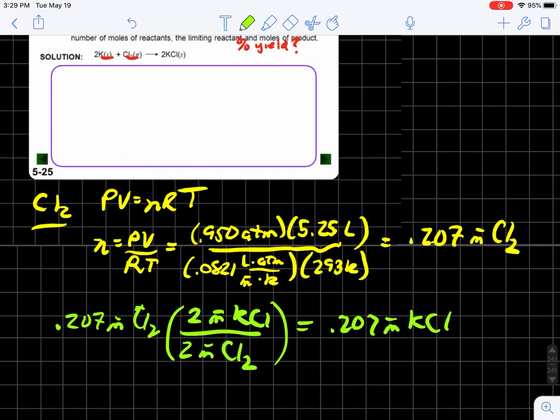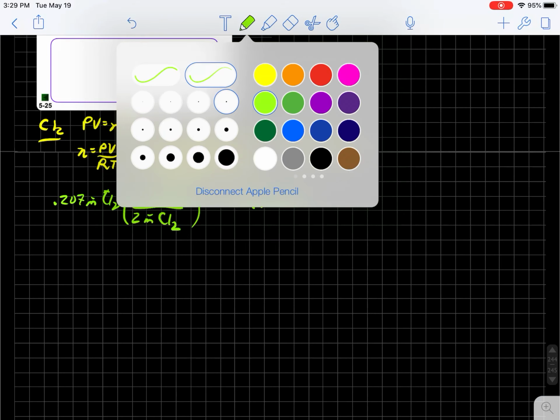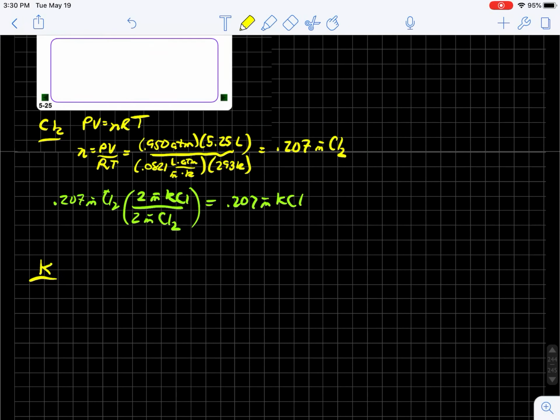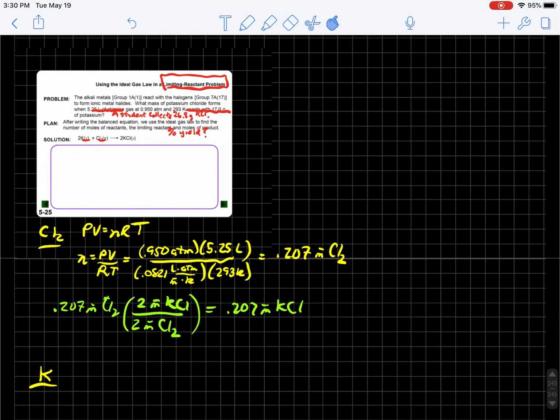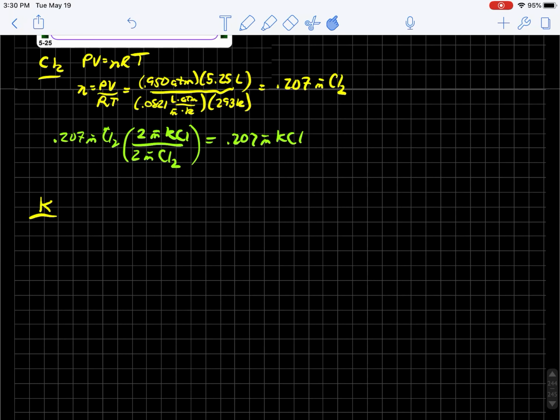Now let's do the same thing with the potassium. They said, I think it was 17 grams, but let's check, make sure. Yeah, 17 grams of potassium. Convert that to moles.